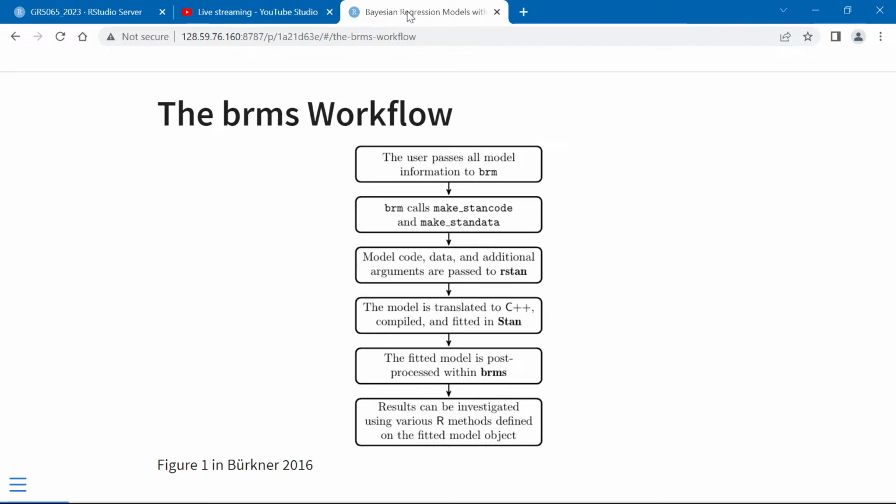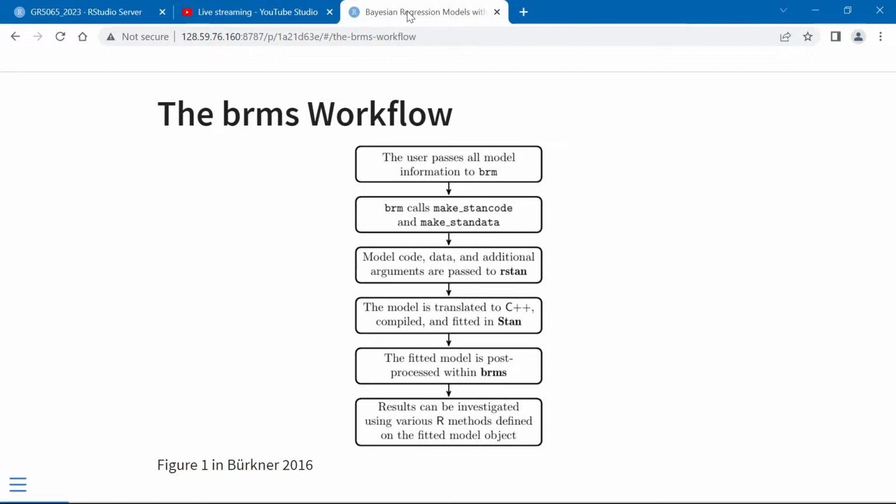Then the Stan code that was generated is going to be translated again into C++, compiled using the C++ toolchain that you all should have installed on your laptops, following the instructions of the post I did today on the discussion. And then Stan's algorithm is going to draw from the posterior distribution of that model, conditional on the data.